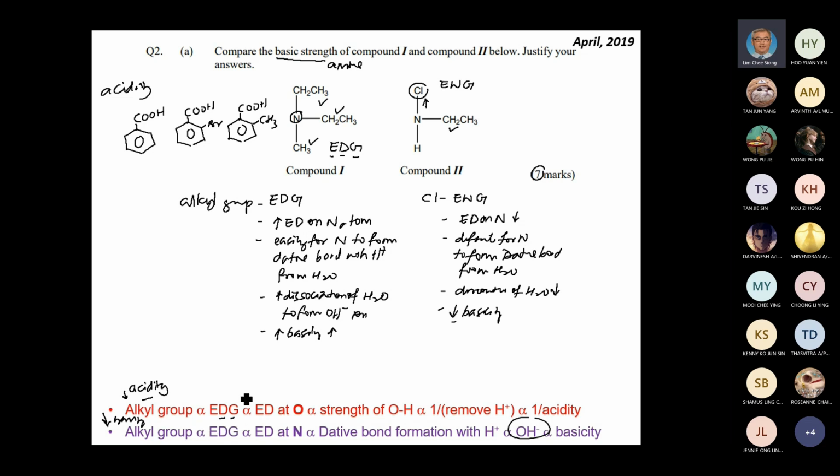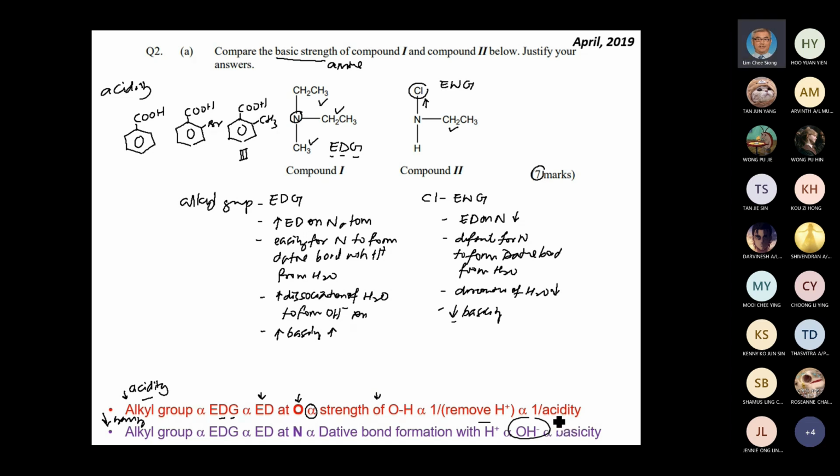Electron donating group, case number 3, which increases the electron density of the oxygen atom. So the strength of the OH group gets higher, and the removing of the H gets easier. The strength gets higher on the O, but the dissociation is reverse, which is easy to remove the H plus. And as a result, the acidity gets higher.